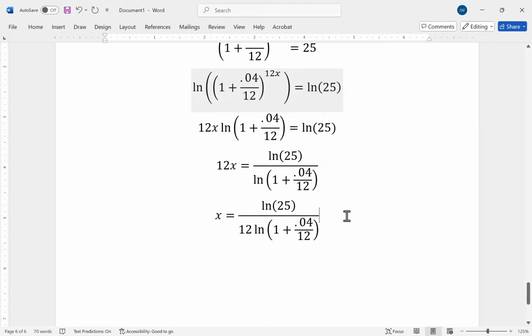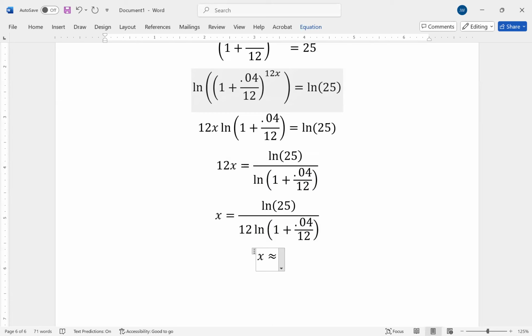Usually I do this in two steps. I'll do the natural log of 25 divided by the natural log of 1 plus 0.04 over 12. I'd hit enter on my calculator, and then I'd divide by another 12. And usually that turns out a little bit nicer for me when I do it in two steps.